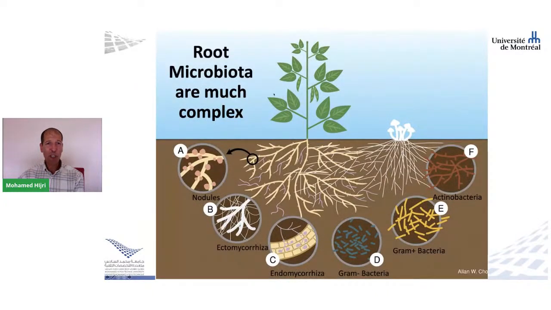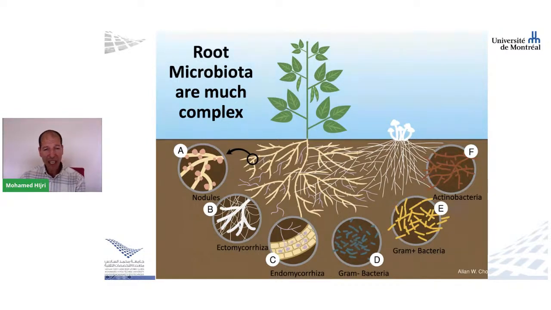So in terms of root microbiota, as I said, they are much more complex. If we decompose them, we can have, of course, beneficial microbes, some symbiotic microbes, but also pathogenic microbes and microbes that are free-living and interacting with plants indirectly. This is an example of nodules that form as a symbiotic association with legume roots.